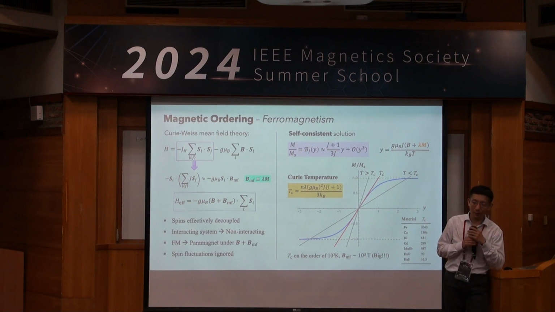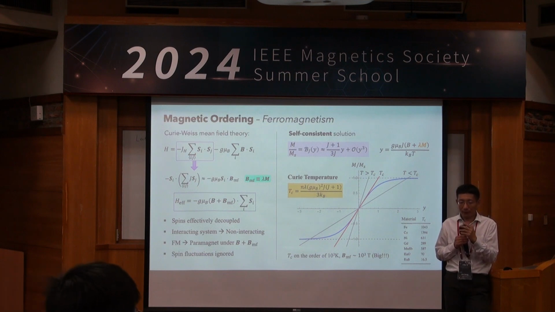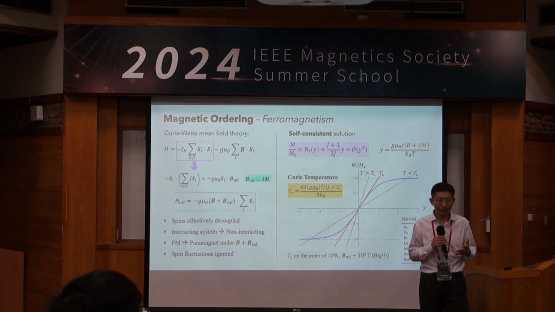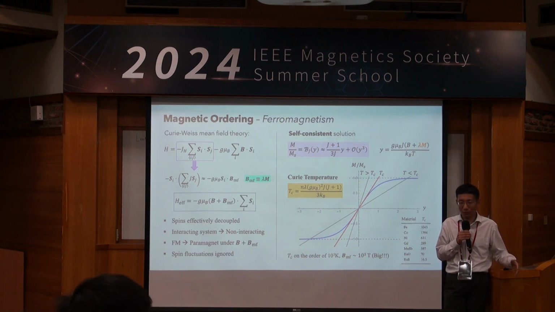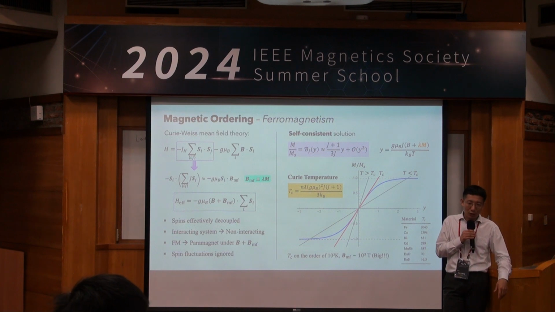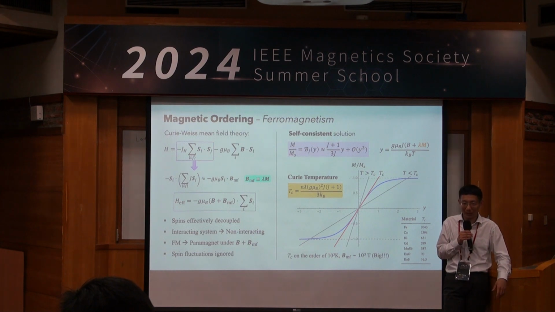So here's the thing. The Heisenberg interaction J is a spin-spin interaction. However, according to our direct or indirect exchange, the true physical origin of exchange interaction is purely electrostatic. It's a Coulomb interaction. It's not even related to spin.